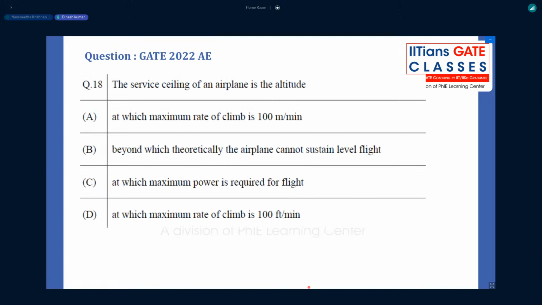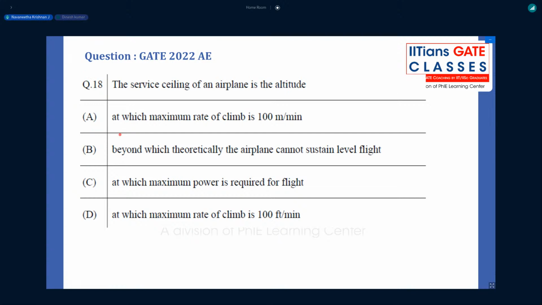Next question. GATE 2022, question number 18. The service ceiling of an airplane is the altitude. It's a select question, single answer question. So we have to select which is the right answer. The service ceiling of the airplane is the altitude.